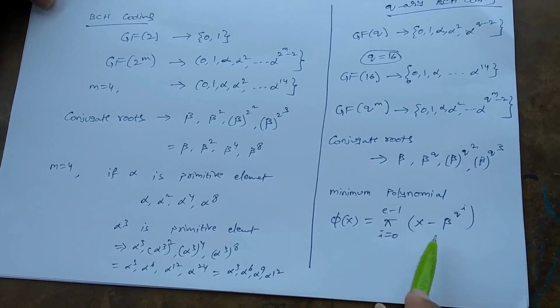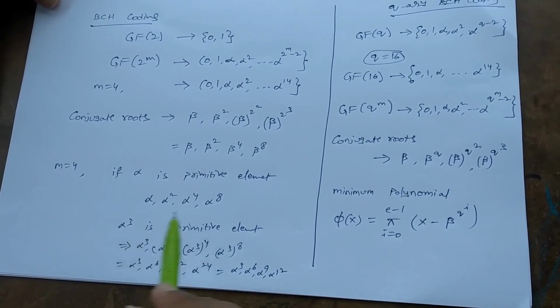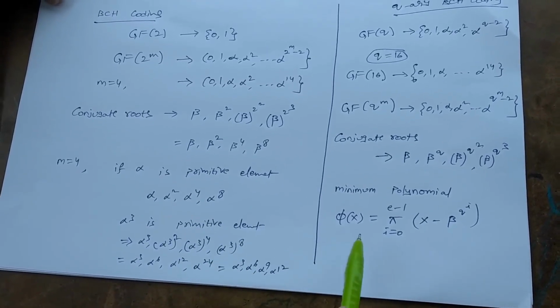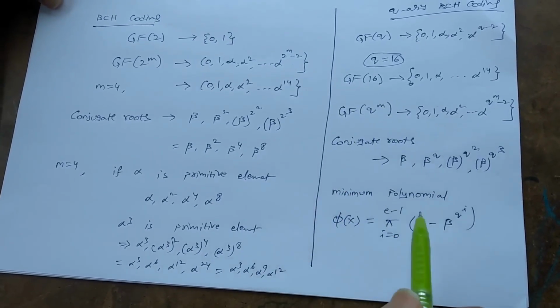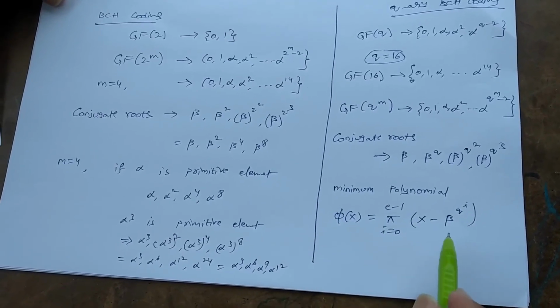The minimum polynomial is calculated in this format, but in the BCH coding with Galois field base 2, we calculated phi 1 of x, phi 3 of x, phi 5 of x and took the LCM. Because the Q value is very high, it is quite difficult to do all this calculation. That's why the minimum polynomial is calculated in this format.